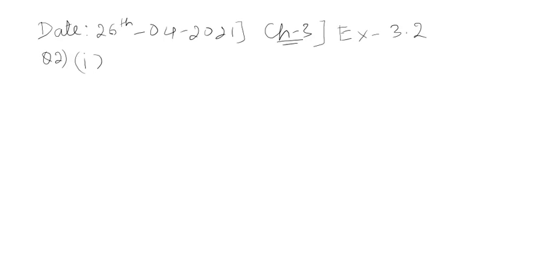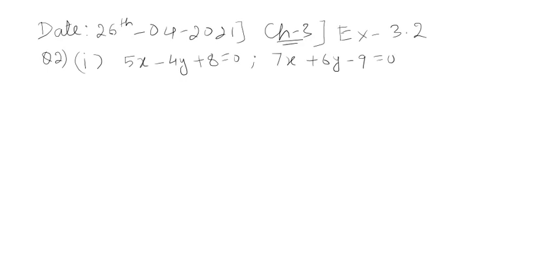The question is: the first equation given is 5x minus 4y plus 8 is equal to 0, and the second equation is 7x plus 6y minus 9 is equal to 0.